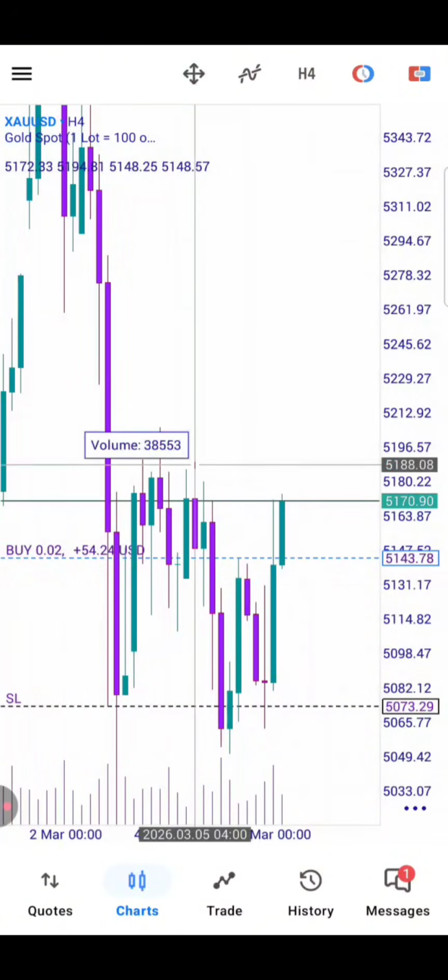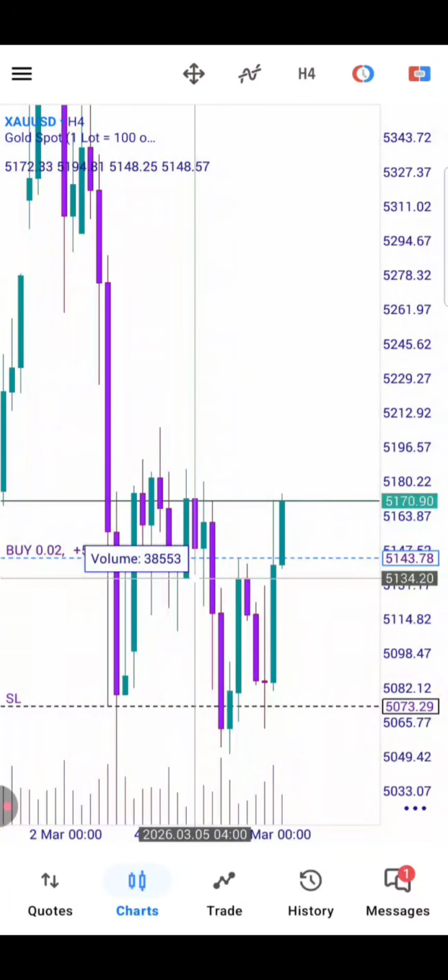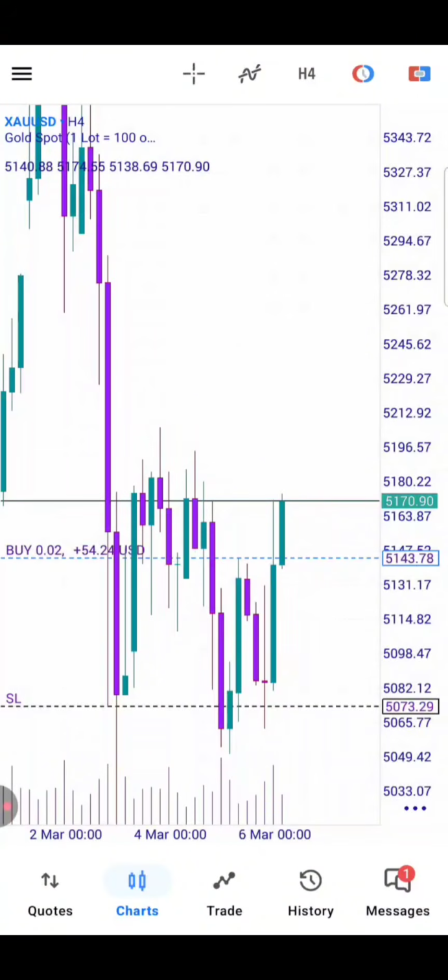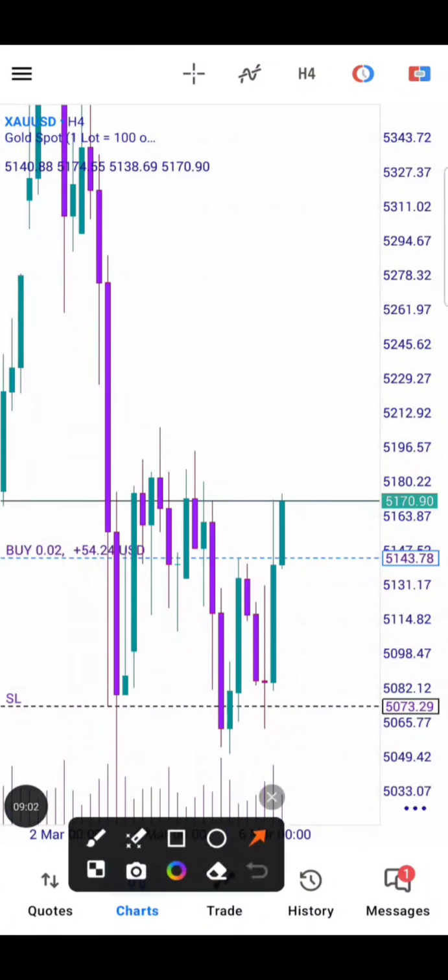At that exact point of the closure, you saw that the previous high closed at 5,133, but the recent closure happened at 5,140. So this gives you a sign that yes, this is a breakout. This 4-hour candle just closed above the previous high.